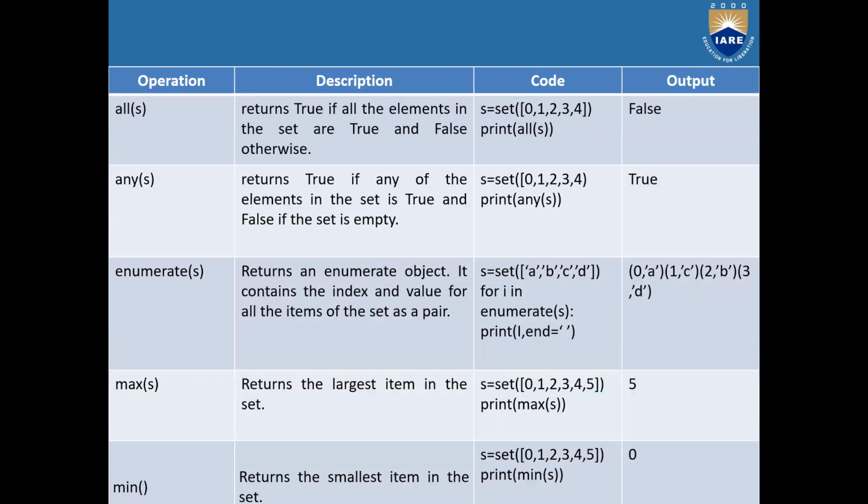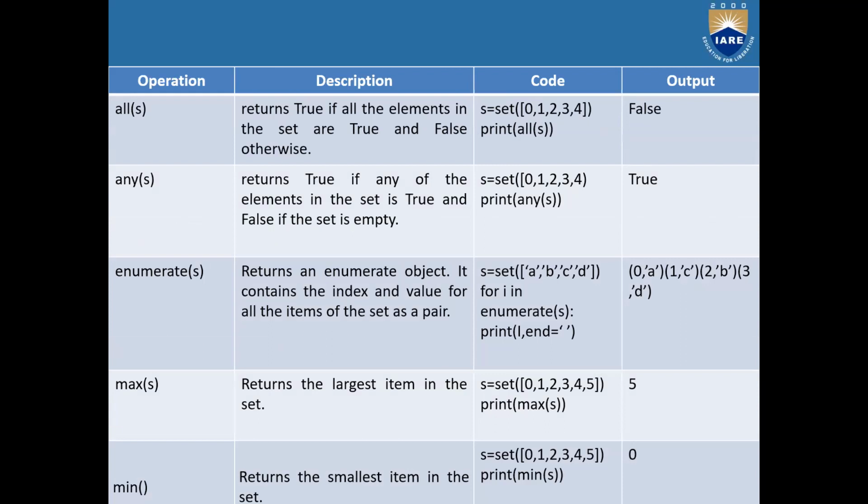Next is all. Okay. What does all do? It returns true if all the elements in the set are true and false otherwise. In this particular example, the output which we got is false. It is having 0. Yes, in integers, we don't have 0, right? If we are giving 0, it comes under natural numbers.